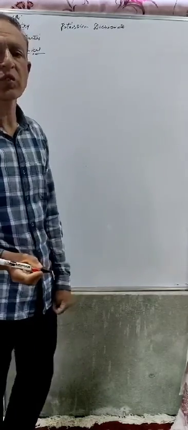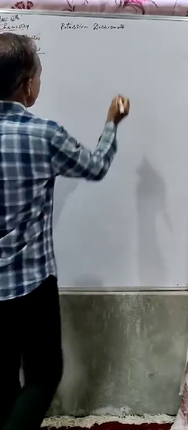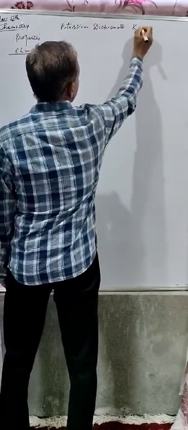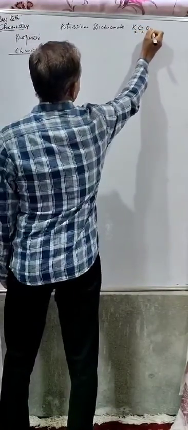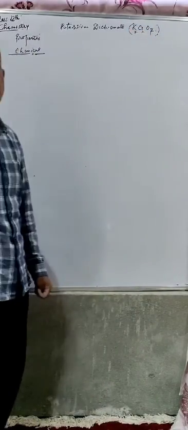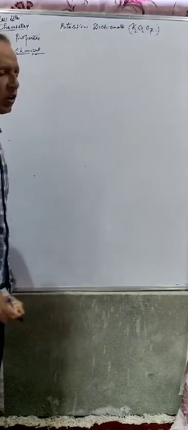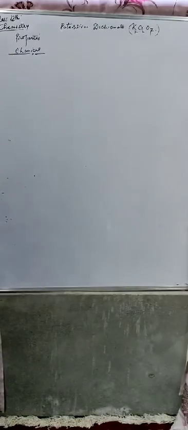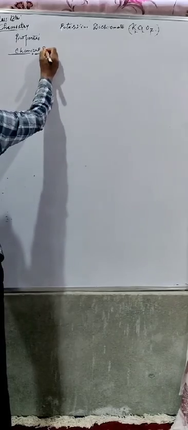We have already discussed the physical properties of potassium dichromate. Now today we will discuss the chemical properties of potassium dichromate.